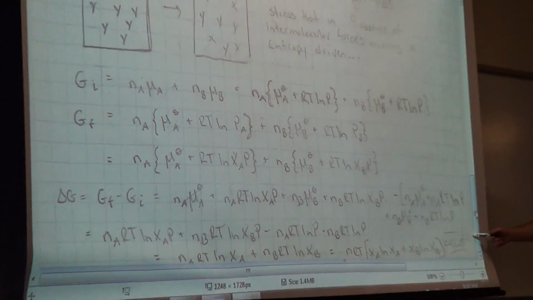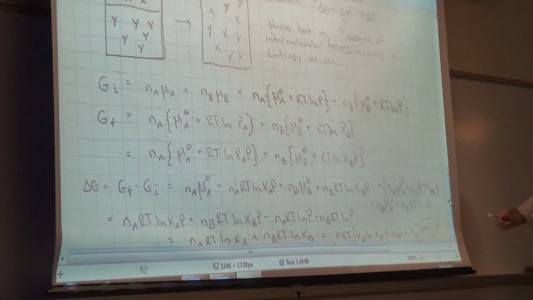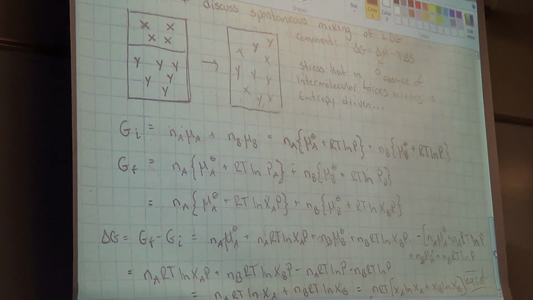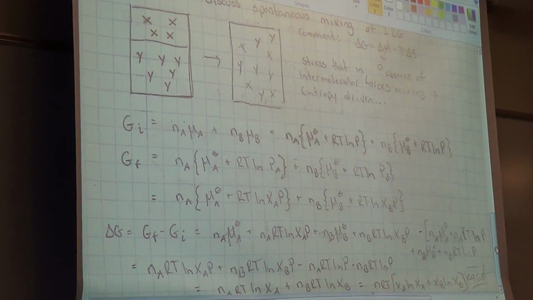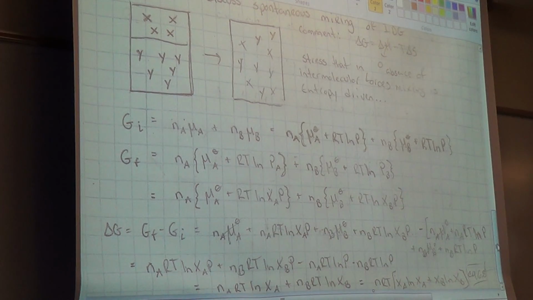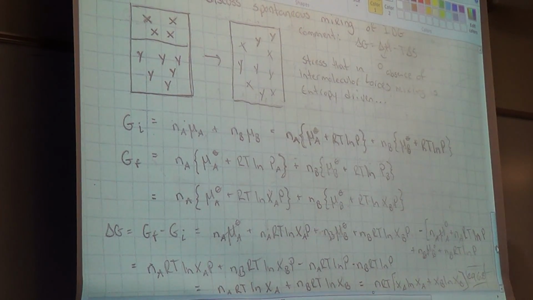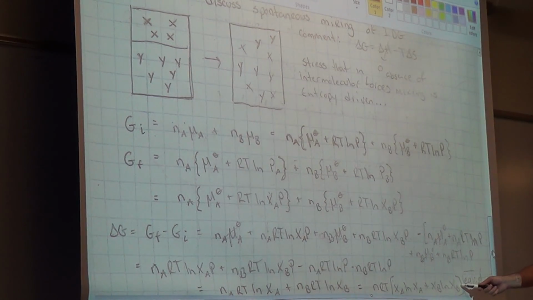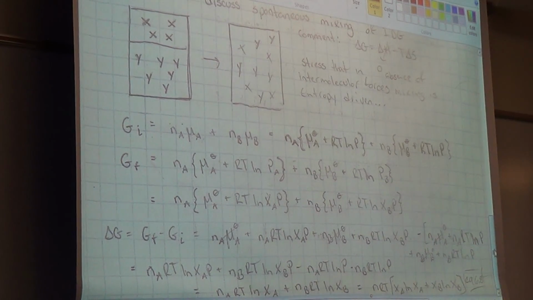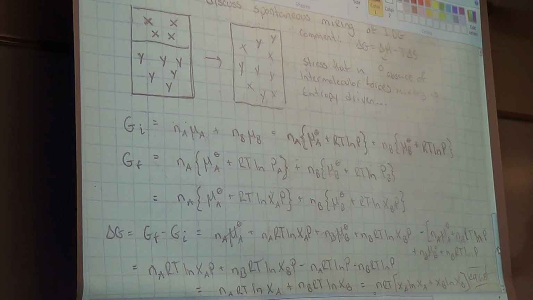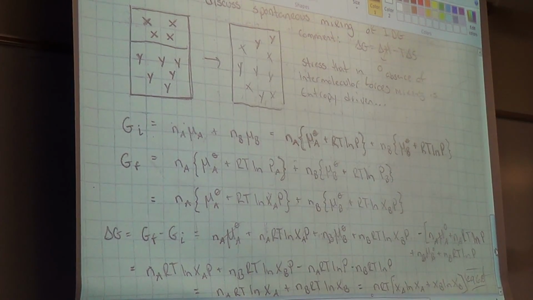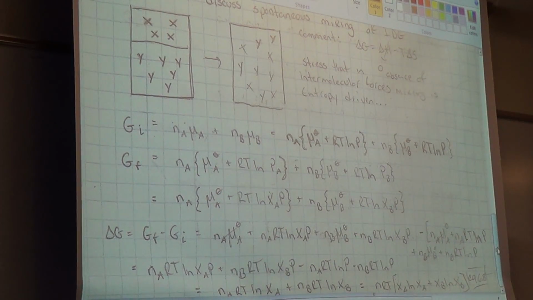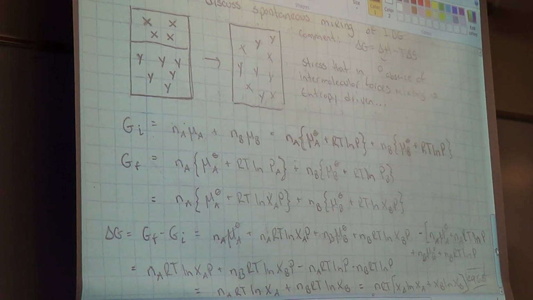And I don't know if we derived it, but you can express those initial pressures and final pressures like we did here in terms of the mole fractions. What I'm getting at is that in this model, this term is equal to negative T delta S for our system.